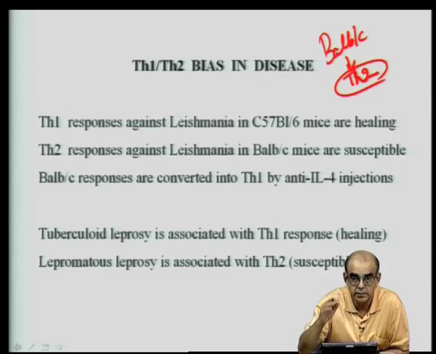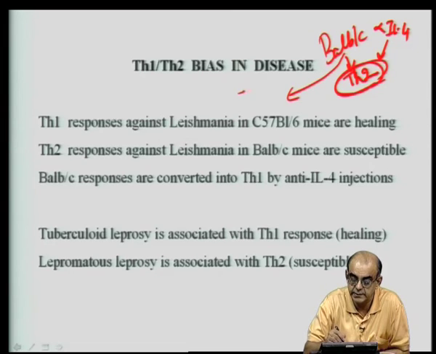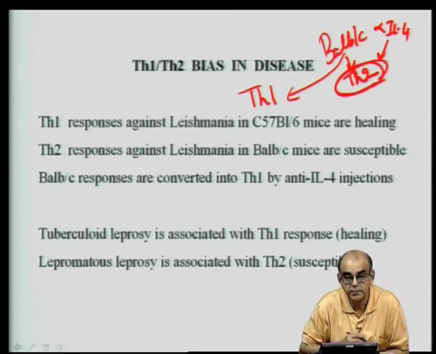So, if we block this high amount of IL-4 by injecting anti IL-4 antibodies, the IL-4 is neutralized, and therefore, there is a block in Th2 development and it gets converted to Th1 because of the presence of IL-12 in that local medium.